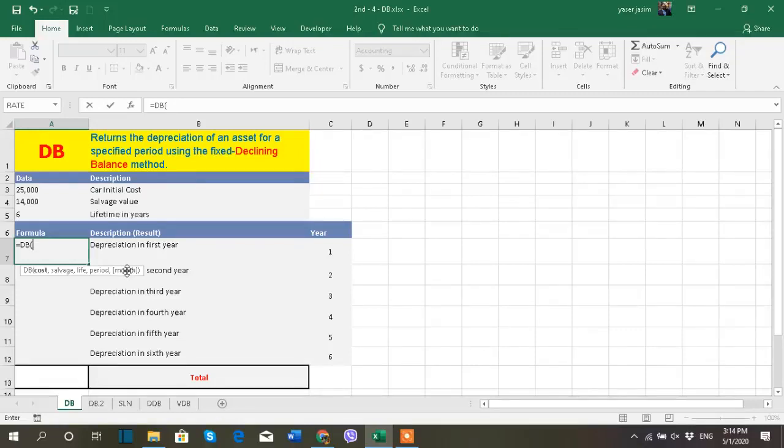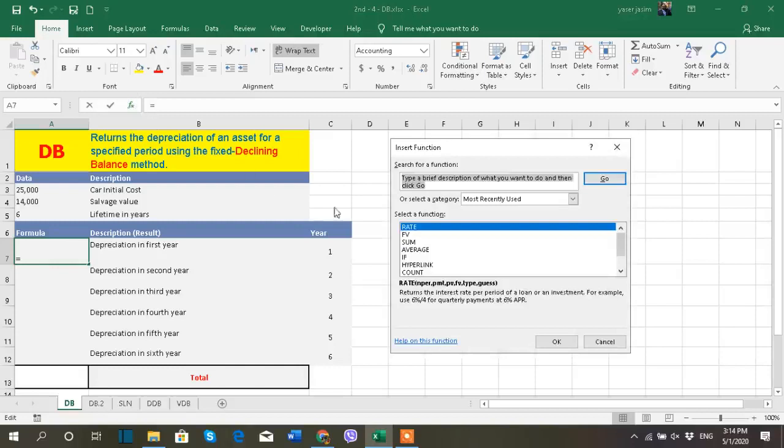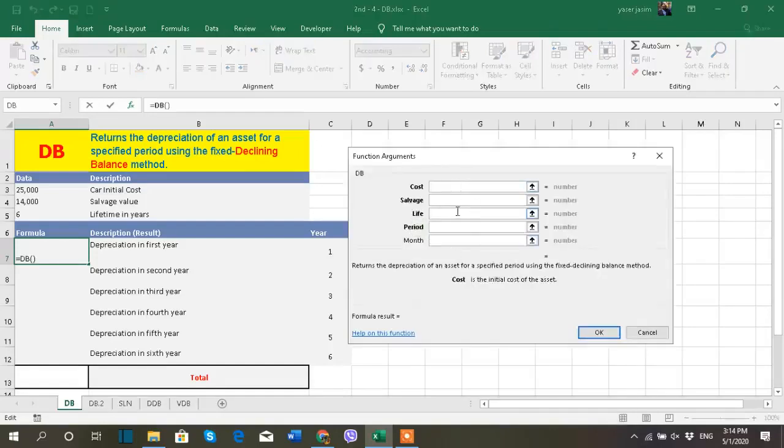You might need it or you might not. Or I can go to FX, type DB, go, and I can find the DB right here, and this will open for us. As we can see, this one is optional, but these are required.